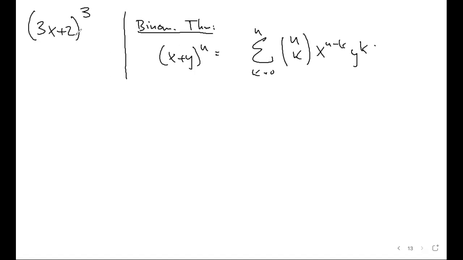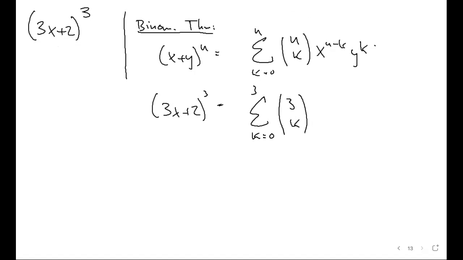Okay, so by binomial theorem, 3x plus 2 to the 3 is going to be equal to the sum from k equals 0 to 3 of 3 choose k. What is my x here? My x is actually 3x, and my y is 2.